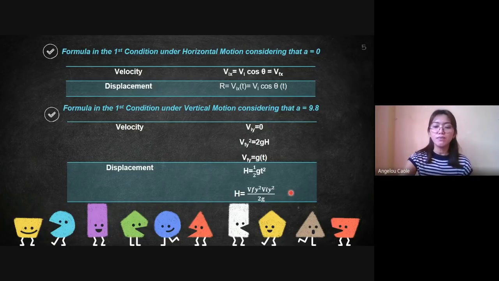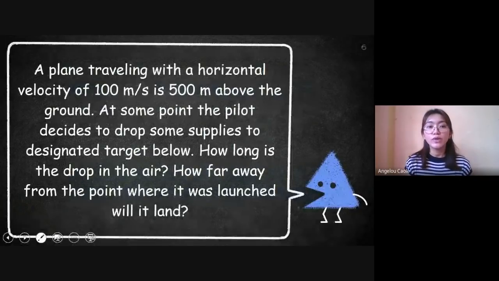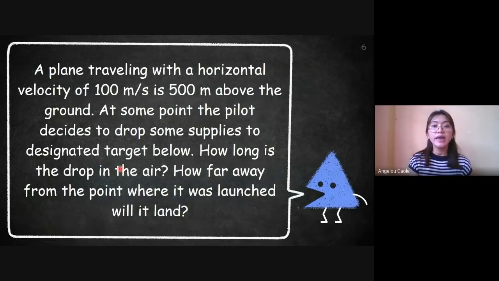For example, we have this kind of problem. A plane traveling with a horizontal velocity of 100 meters per second is 500 meters above the ground. At some point, the pilot decides to drop some supplies to a designated target below. How long is the drop in the air, and how far away from the point where it was launched will it land?